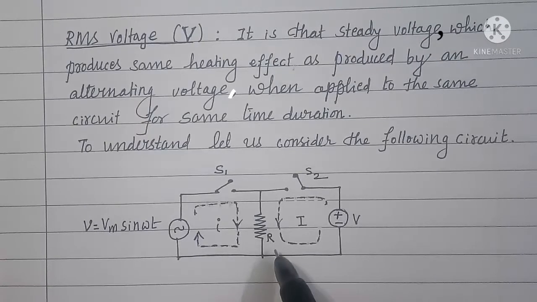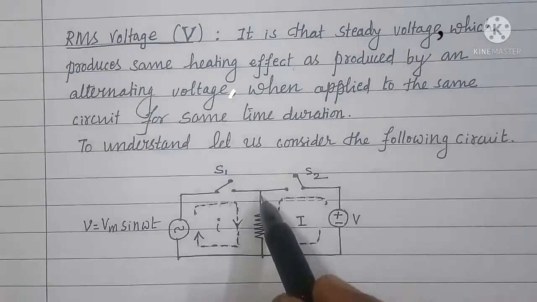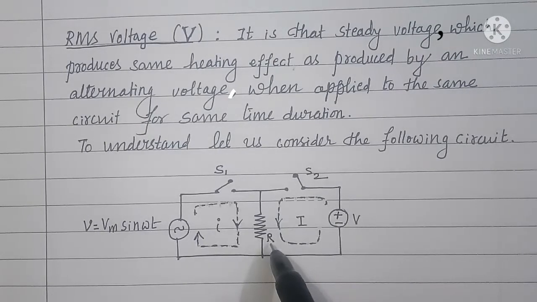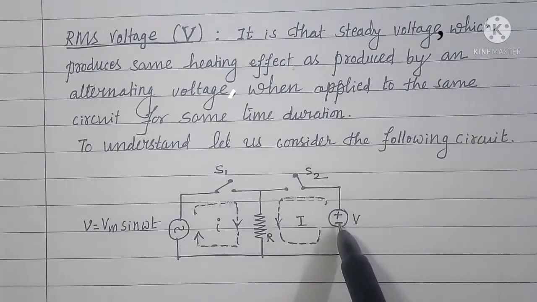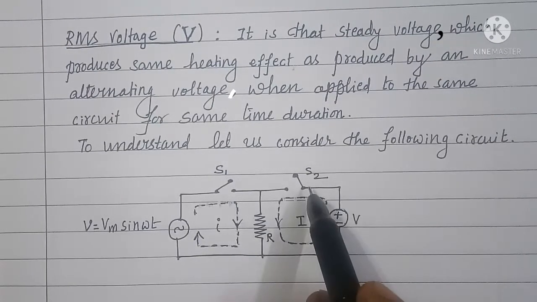In this circuit we are having now a resistor R which can be connected to sinusoidal voltage using switch S1 or DC voltage using switch S2.